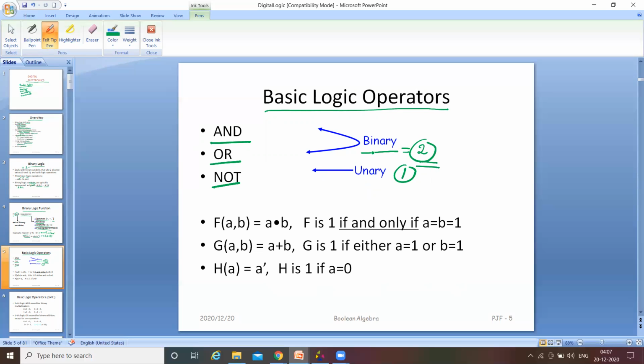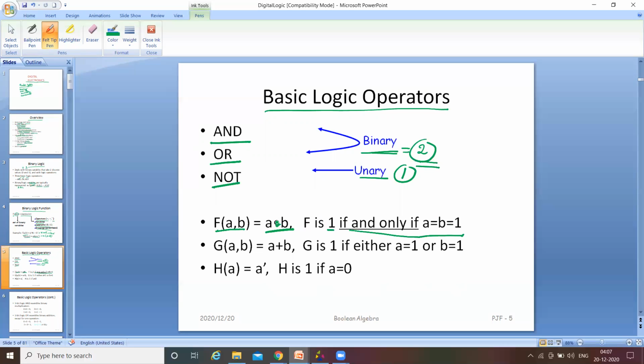That's why AND and OR are called binary operators, and NOT is a unary operator. So here, the logical function f of a comma b is equal to a dot b, meaning AND operation. F is 1 if and only if a is equal to b is equal to 1. This is the definition of this dot symbol.